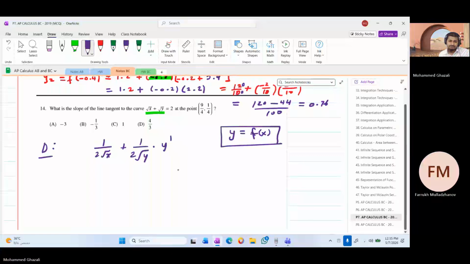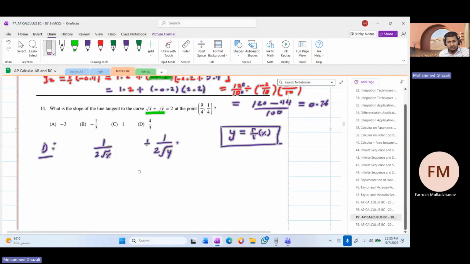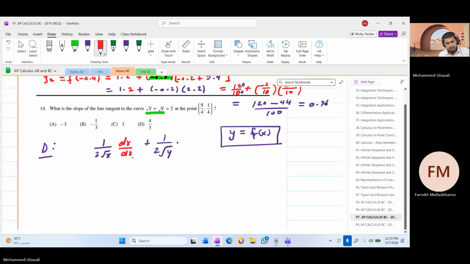Make sense? If you do implicit here, you're going to end up with dx over dx, so that's just 1. Then you're going to end up with dy dx, which is y prime, equal to 0.